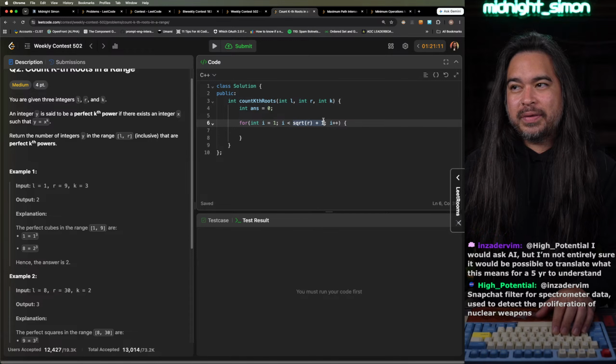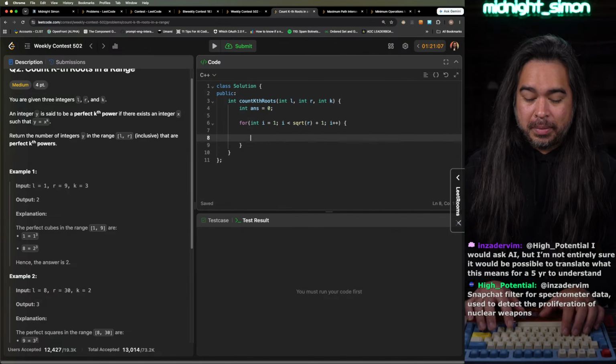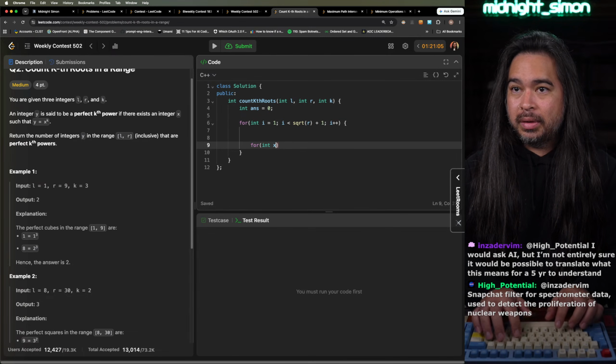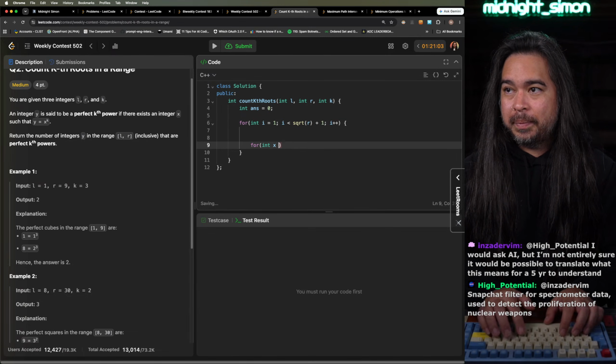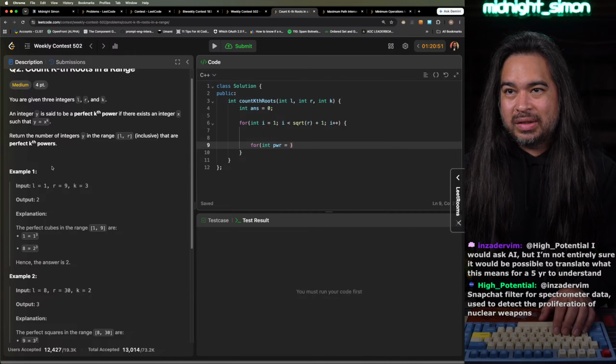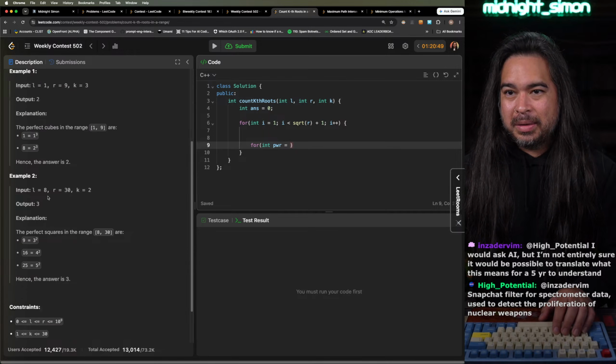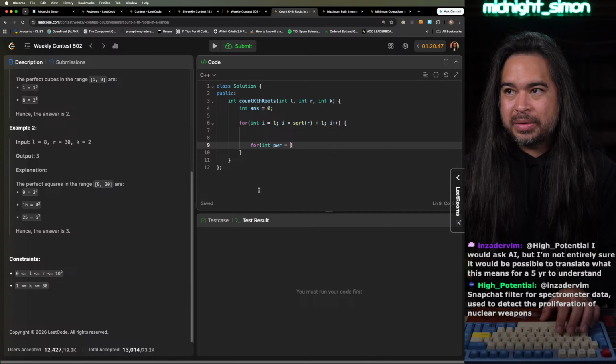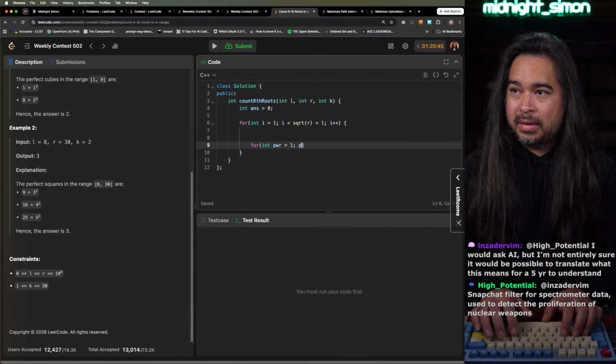I don't know if we have to go up to square root R here, but maybe. So is K 0 powers count? No. K.